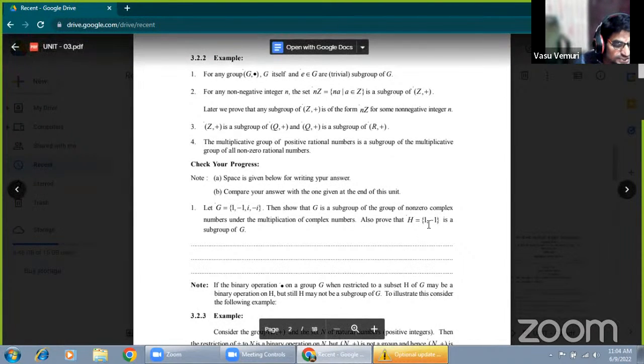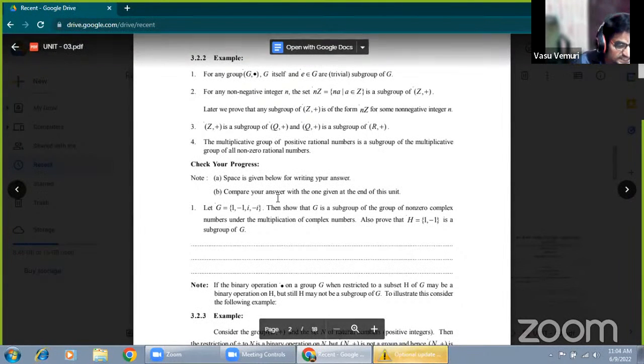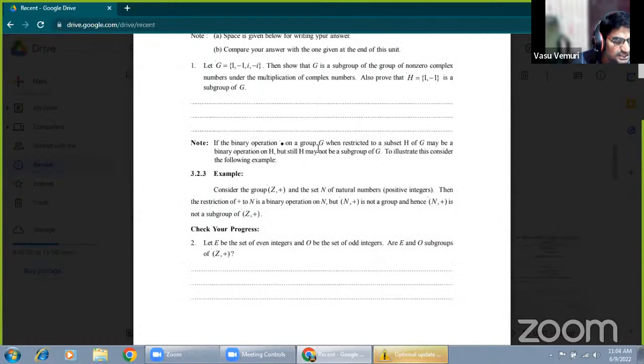That's why H equals the set {1, minus 1} is a subgroup of capital G equals {1, minus 1, i, minus i}, and also {1, i} and {1, minus i}, because you always take 1 there, since without the identity, we can't define subgroups of any subset. Now these examples are also verified at the end of this unit.